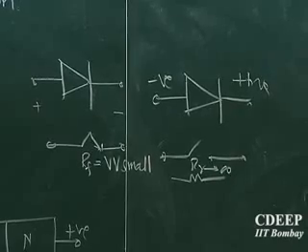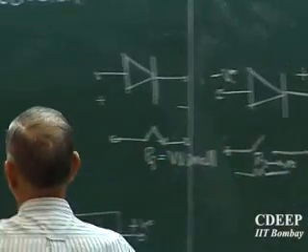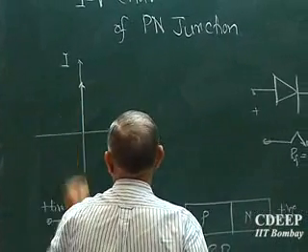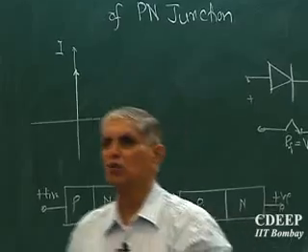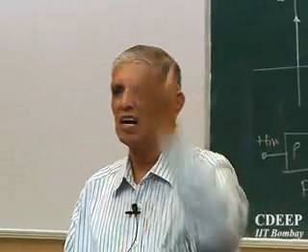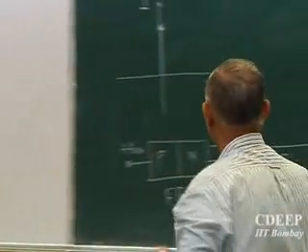And we have already seen earlier that a switch can be replicated as if at V equal to 0 or just V greater than 0, when the device becomes forward biased, the current should be as large as possible, limited by the circuit.